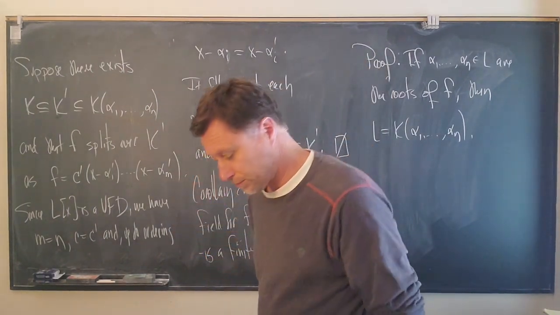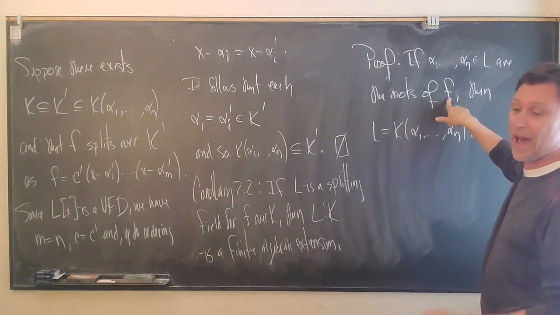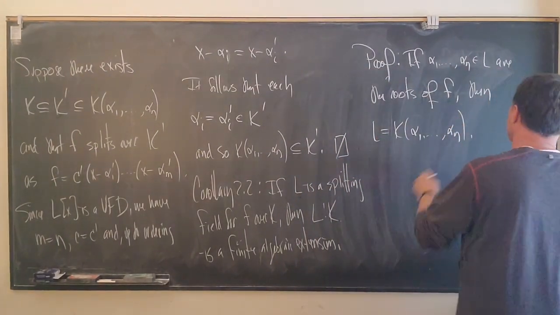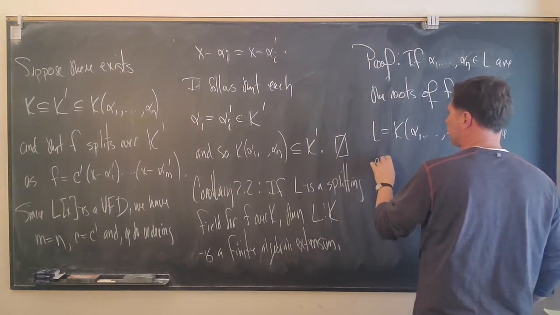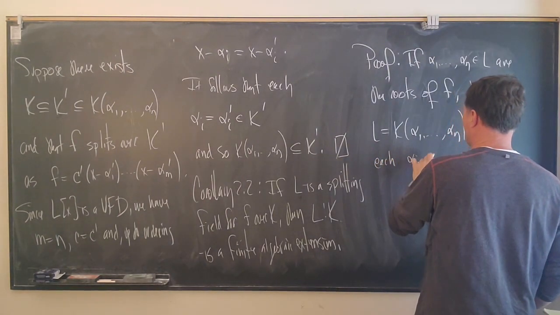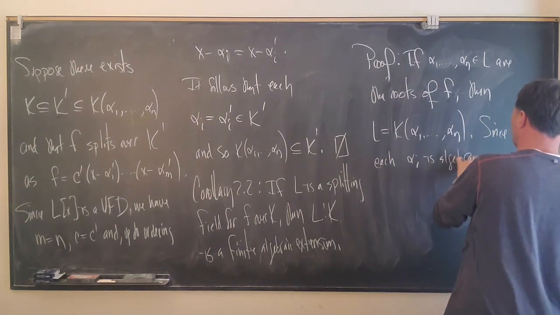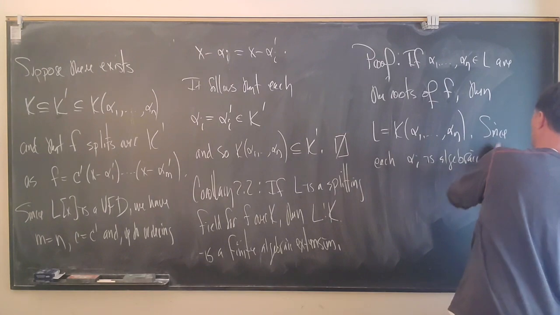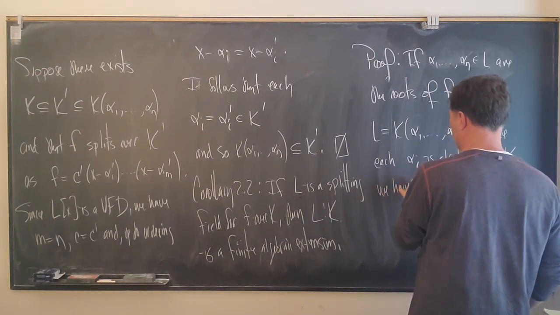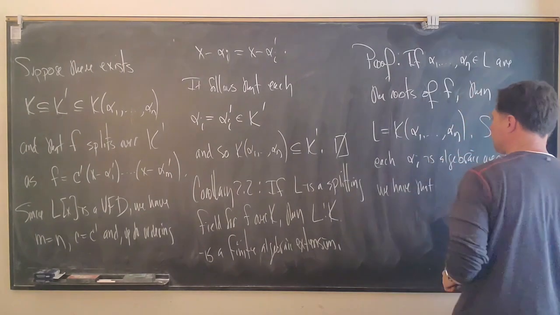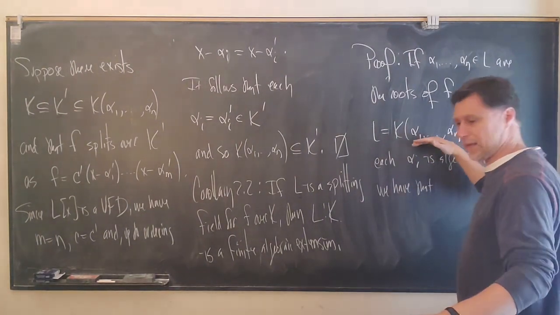Now, each of these alphas is a root of F, which means that each of the alphas is algebraic over K. So since each alpha i is algebraic over K, we have that, well, remember this was, I think it was corollary 1.8, is that right?